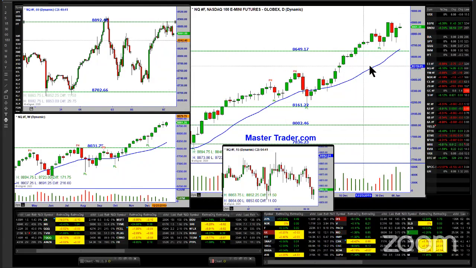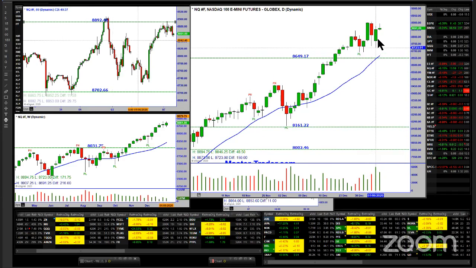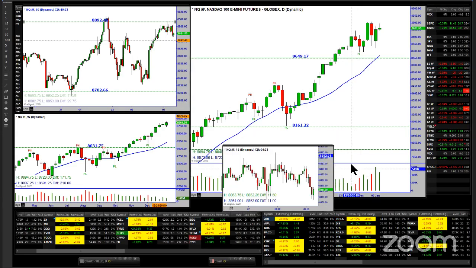So that's a positive, and for the moment anyway, leads me to think that this correction that our internals gave us a heads up on may lead to a sideways correction, which would be bullish. I mean, a time correction versus a price correction.